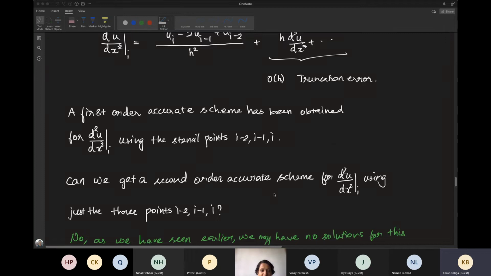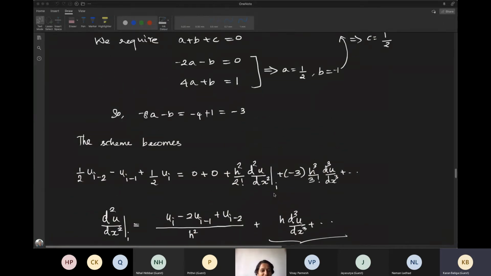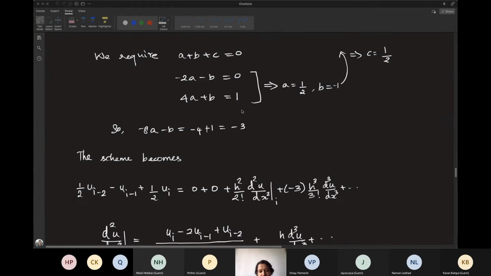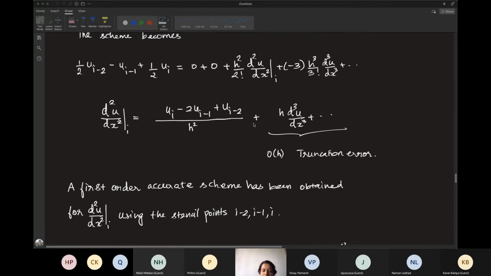Ma'am, because again we already have 3 equations. Fine. Good. So we already have 3 equations. We already found these values uniquely. So we don't have any more options. So this is the only possible accuracy. From these 3 stencil points, the maximum accuracy that you can obtain for d squared u by dx squared is order 1, order h.